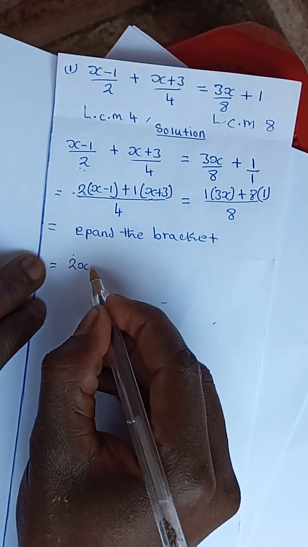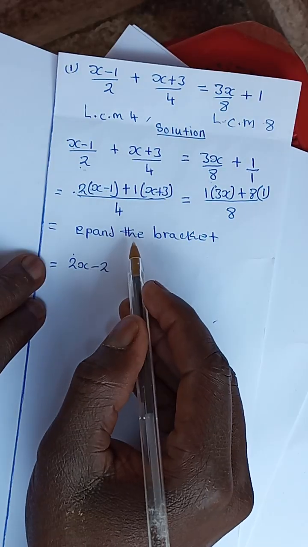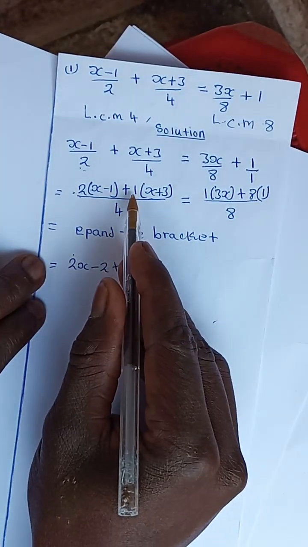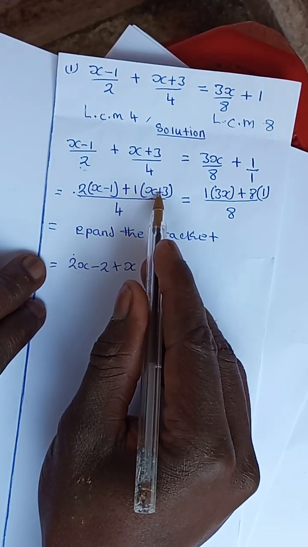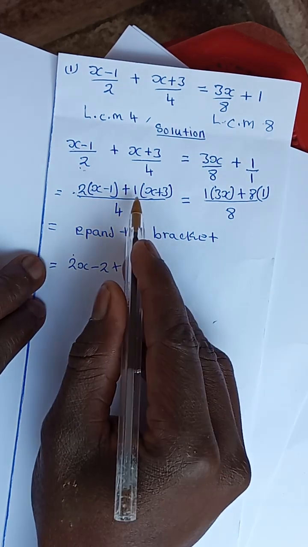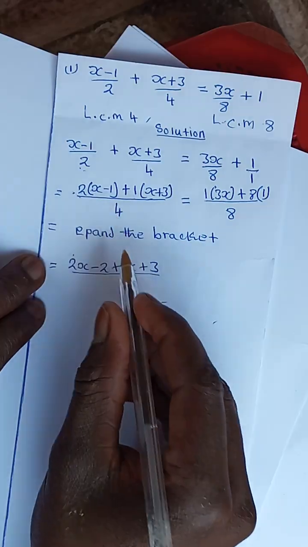Plus times minus is minus. 2 times 1 is 2. Plus times plus is plus. 1 times x, we have x. Plus times plus is plus. 1 times 3 is 3. All divided by 4.